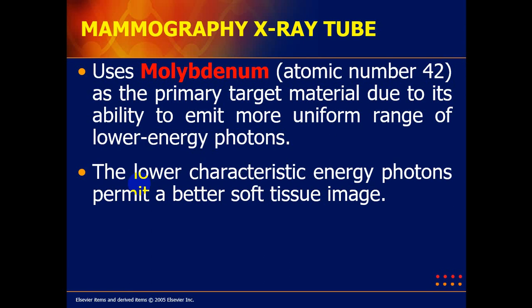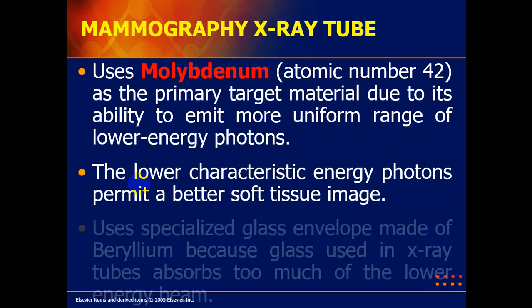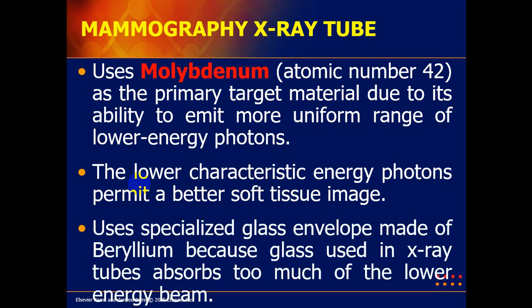So tungsten is not really needed, because the mammography procedure does not emit as much heat, unlike general X-ray procedures. It uses a glass envelope made of beryllium because glass used in an X-ray tube absorbs too much of the lower energy beam.